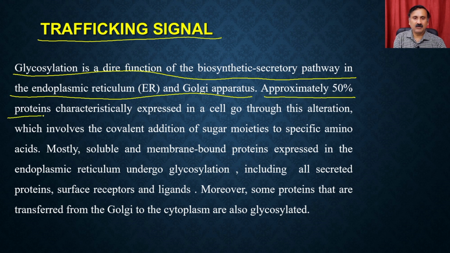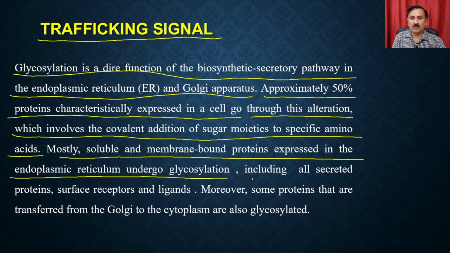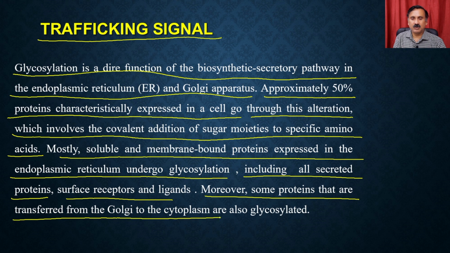Approximately 50% of the proteins expressed in a cell undergo this alteration, which involves the covalent addition of a sugar moiety to specific amino acids. Mostly soluble and membrane-bound proteins expressed in the endoplasmic reticulum undergo glycosylation, including all secreted proteins, surface receptors, and ligands. Moreover, some proteins being transferred from the Golgi to the cytosol are also glycosylated.